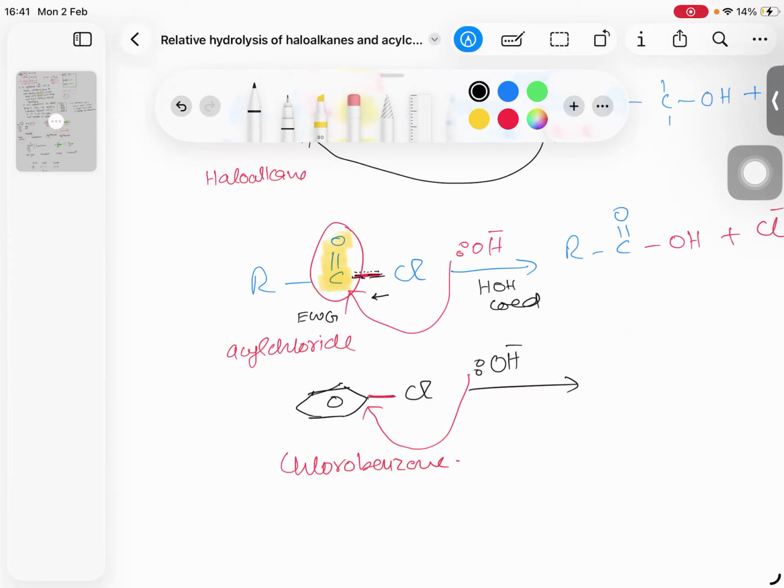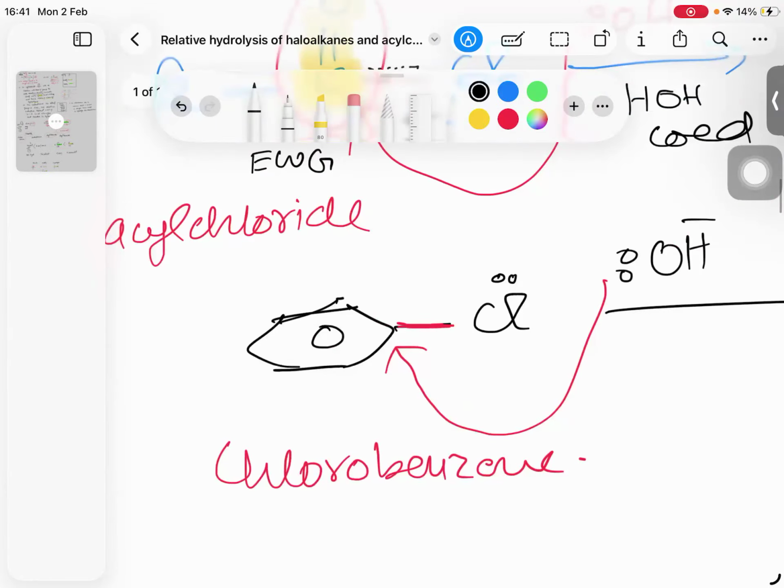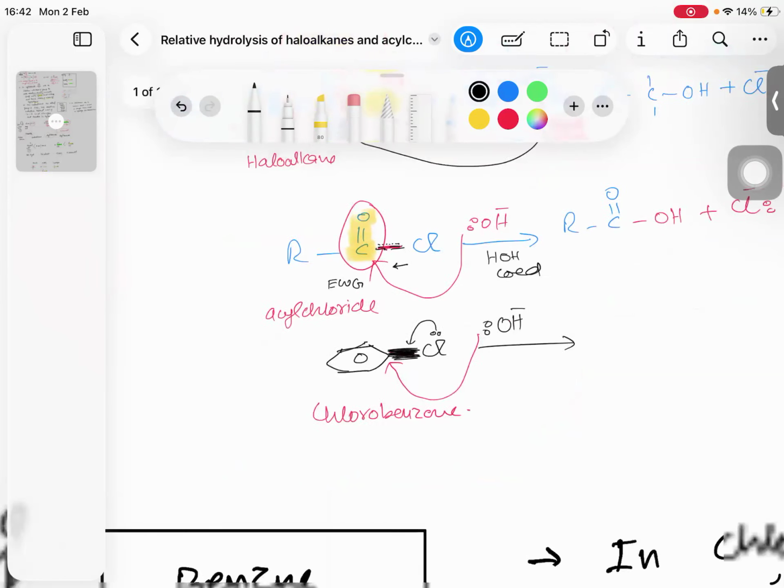With aqueous sodium hydroxide, no substitution. Even if you heat it, no substitution. Why? Because the chlorine lone pair of electrons is delocalised towards the benzene ring, known as the mesomeric effect, so this C-Cl bond is way stronger, behaving more or less like a double bond. So this OH cannot substitute.